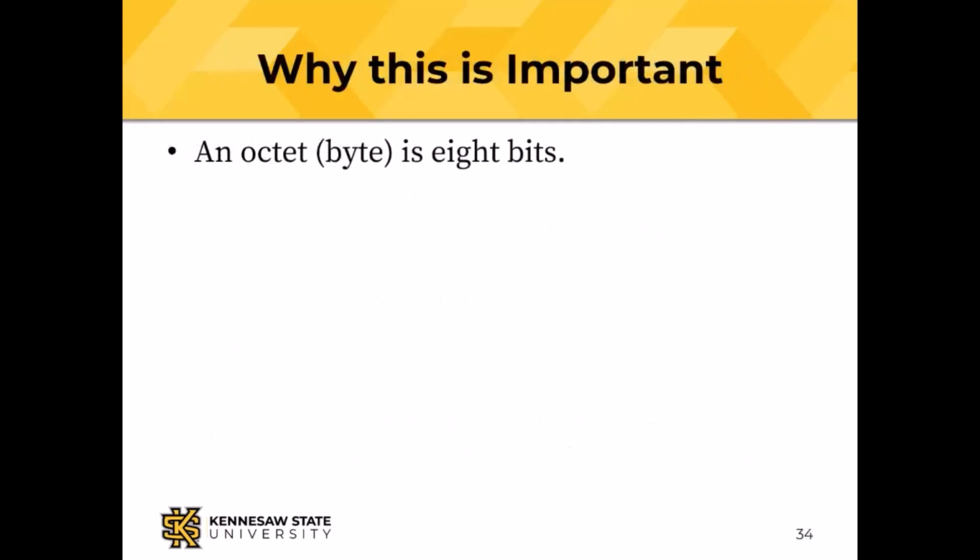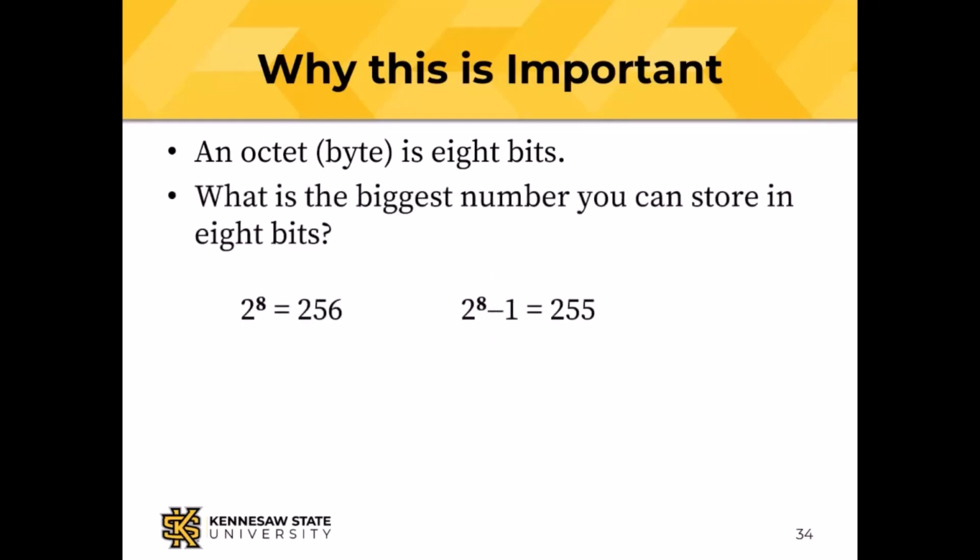Why do we care? Well, 1 byte, also called an octet, to remind us that there are 8 bits in that byte. The highest number I can store in 8 bits is 255. Can't get a bigger number in 8 bits, because 2 to the 8th power is 256. I've got 256 values, but one of them is 0.